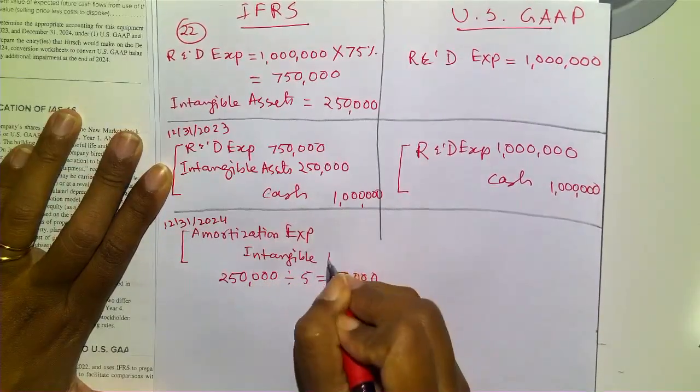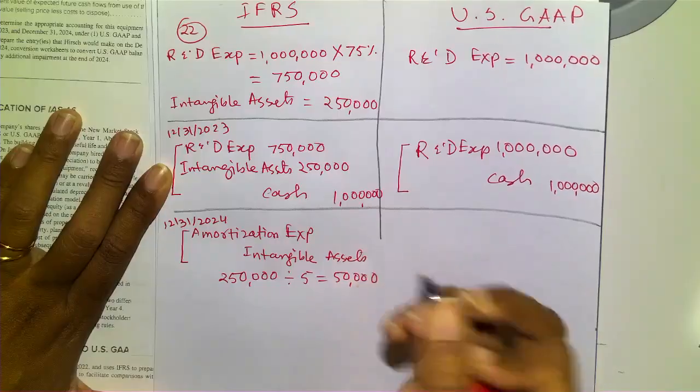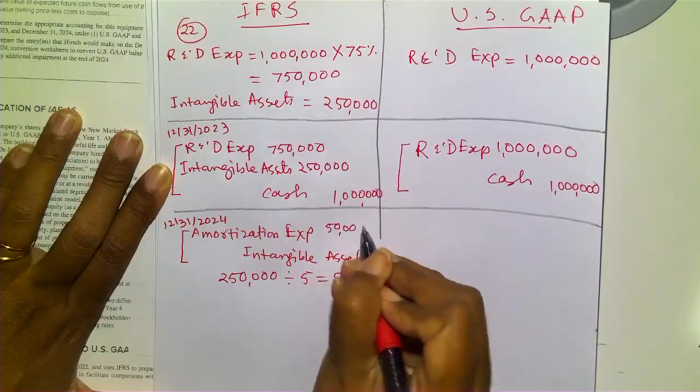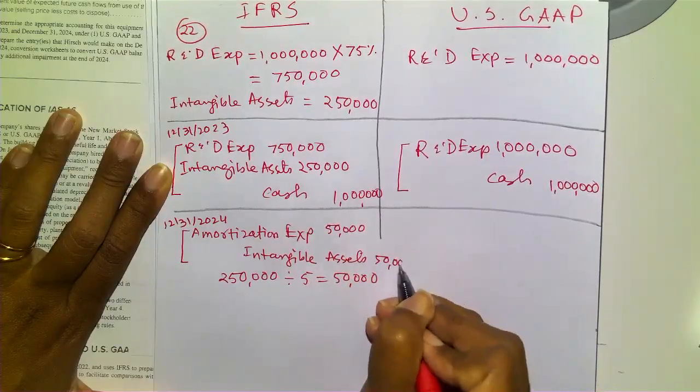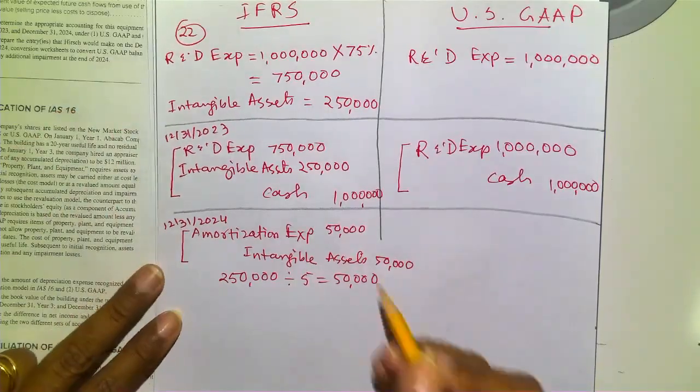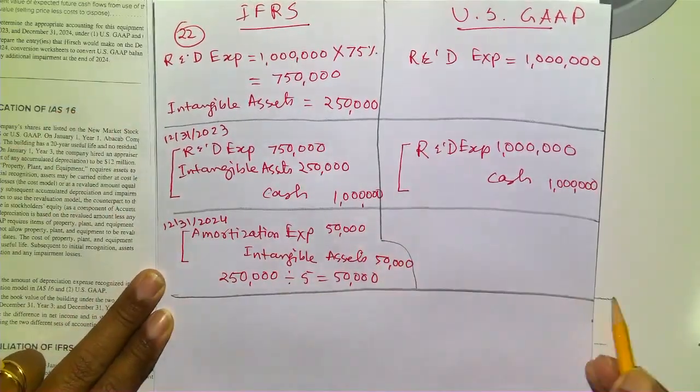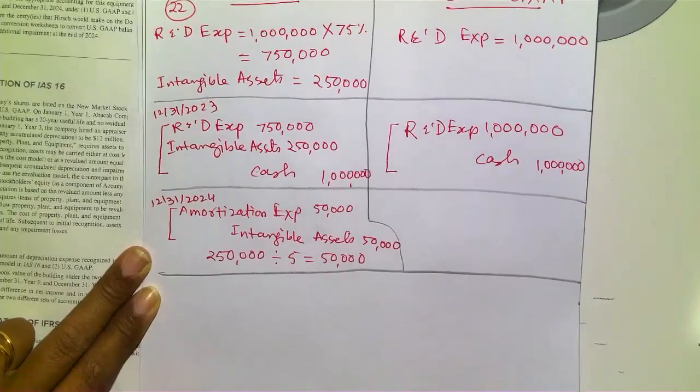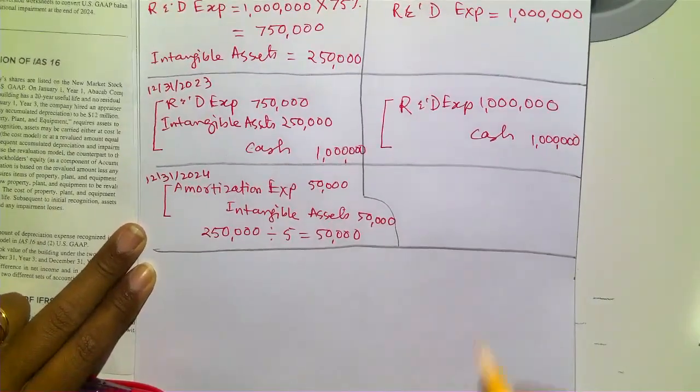Intangible assets, annual, right? So 50,000, 50,000. On the other hand, GAAP will do nothing because they don't have any intangible assets, so they will not do anything.